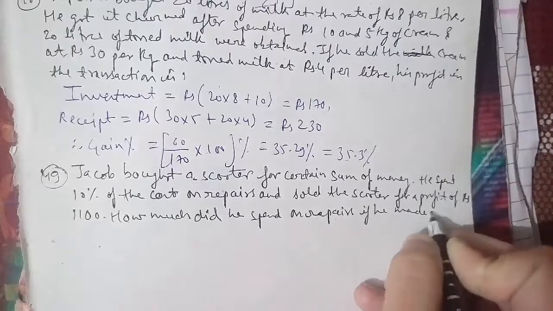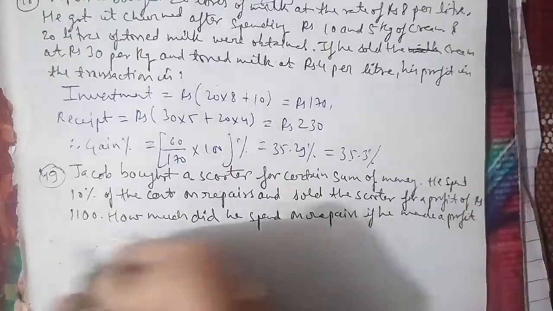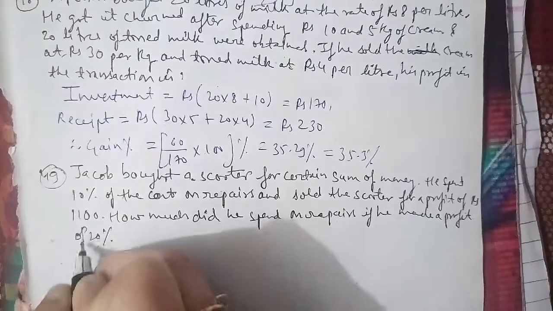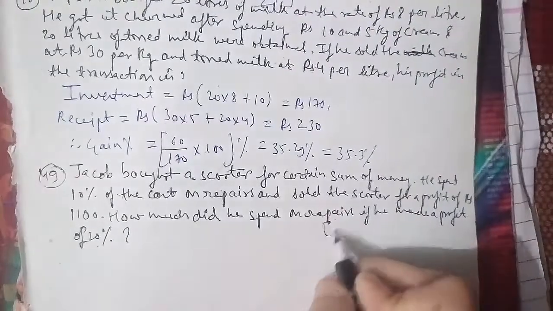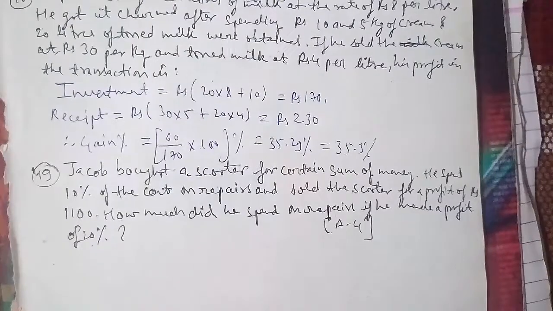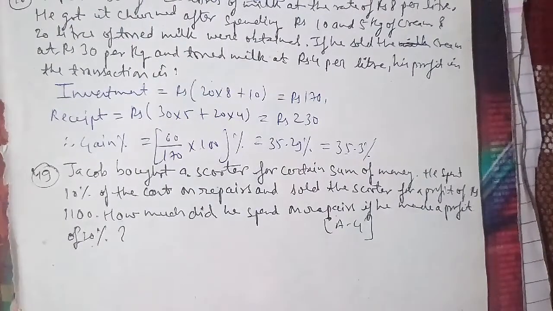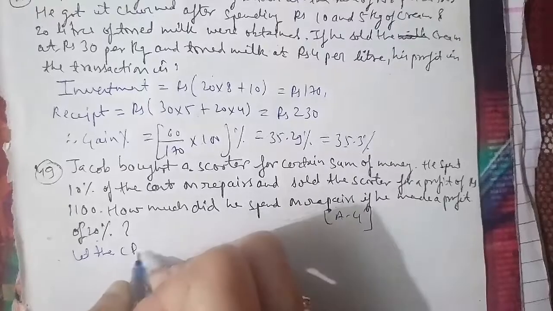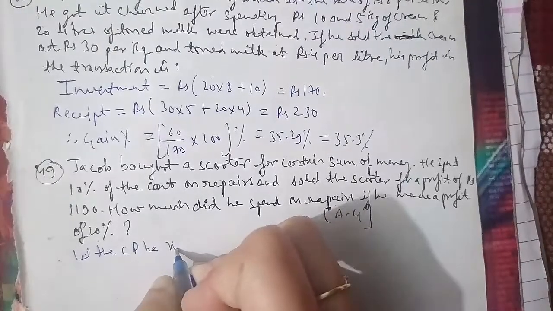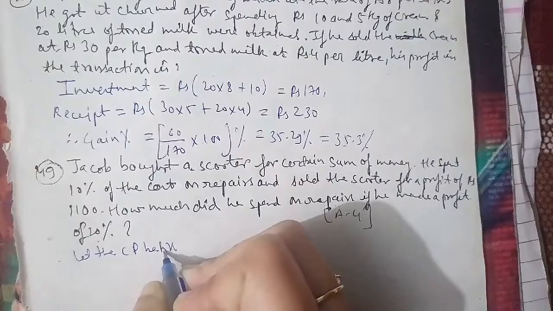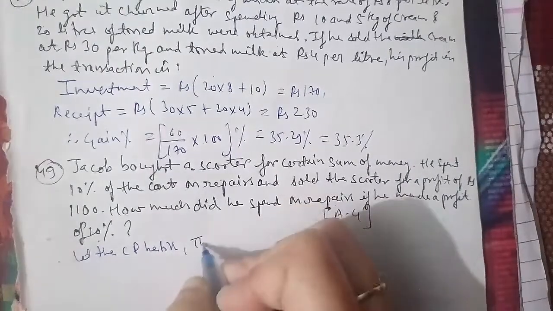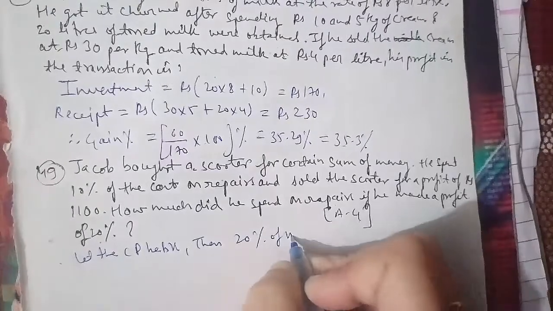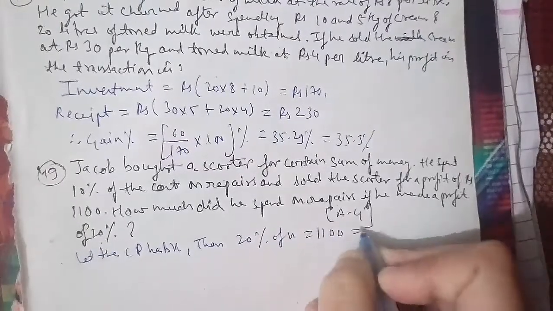Let the CP be rupees X. Then 20% of X is equal to 1100, that is 20 upon 100 into X equals 1100, and X is equal to 5500. So CP is equal to rupees 5500.